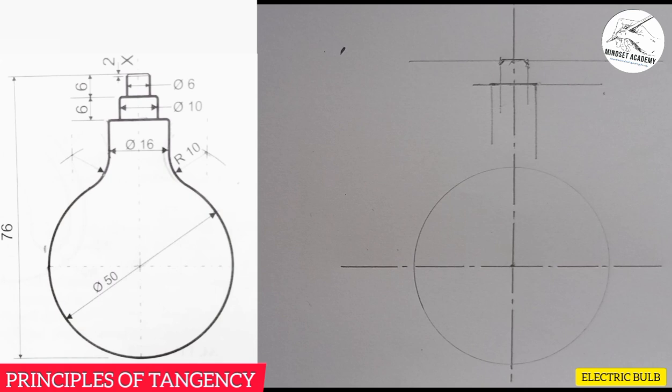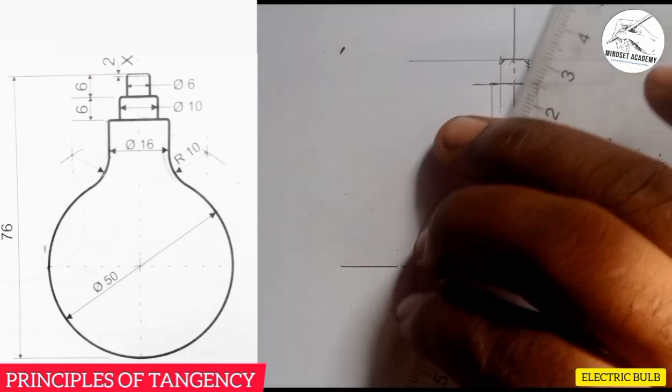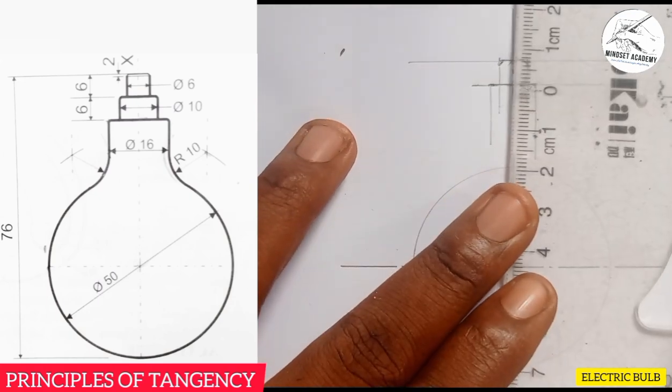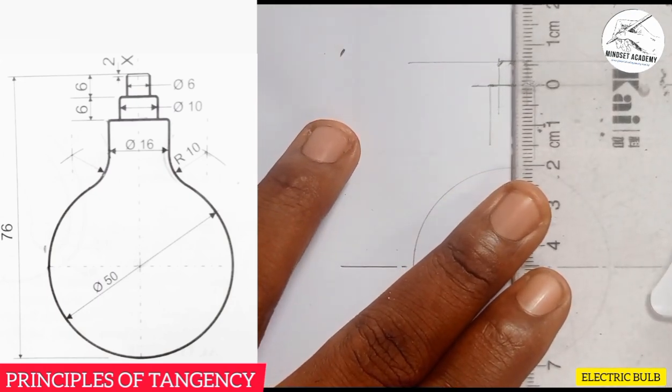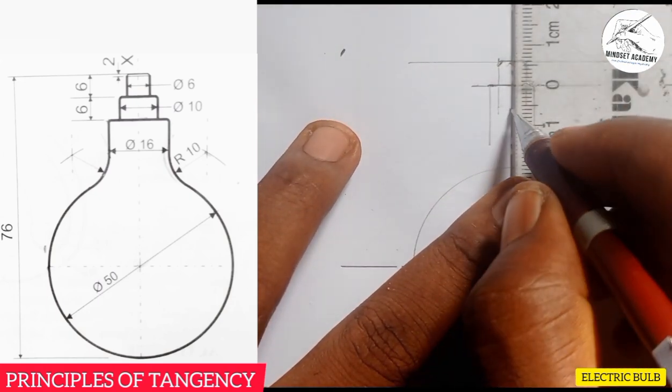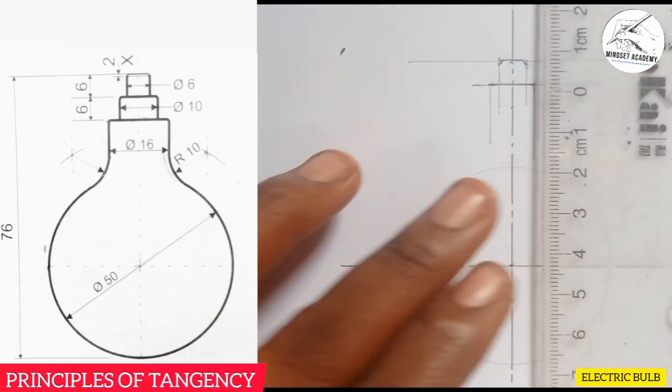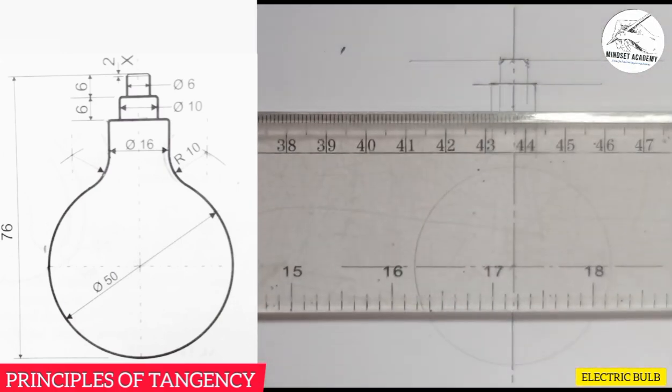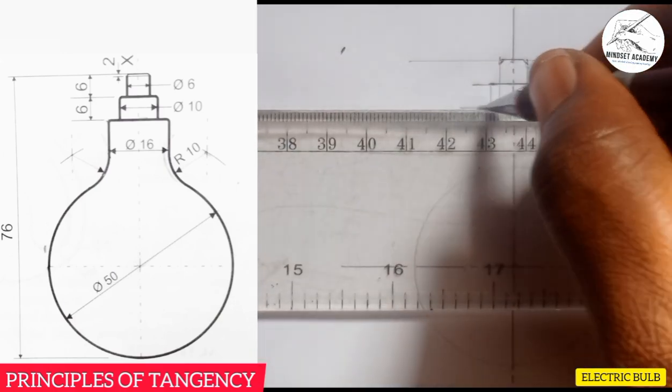Then the length, which we're not given, is another distance of 6. So the distance from here is 6 again, a height of 6 again. So I'll measure 6 and close it up this way.